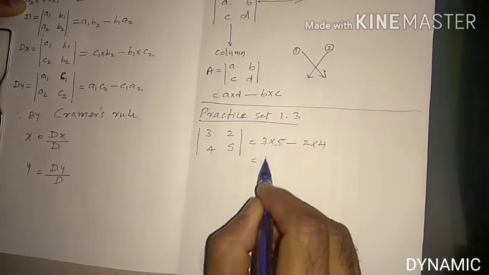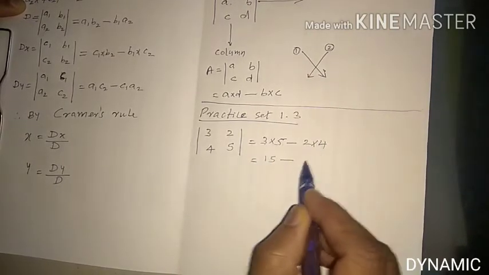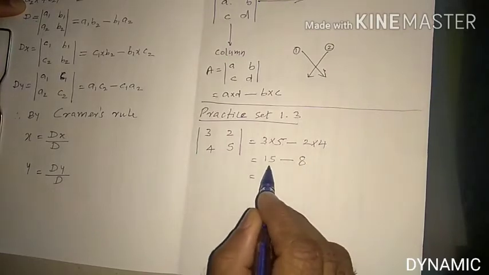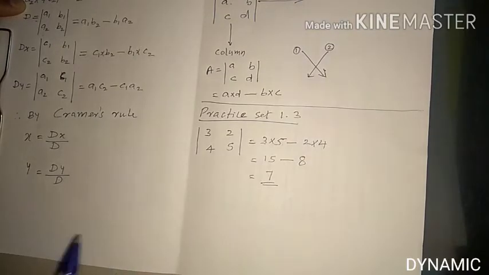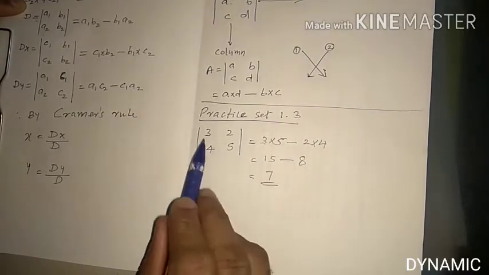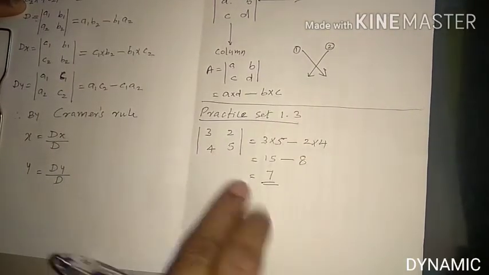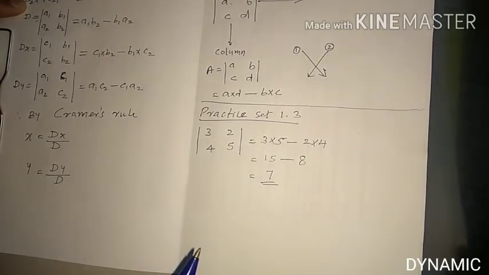Here, 3 fives are 15 minus 2 fours are 8. 15 minus 8 is 7. This determinant's value is 7. The whole group stands for only 7. It's a number. Very simple.